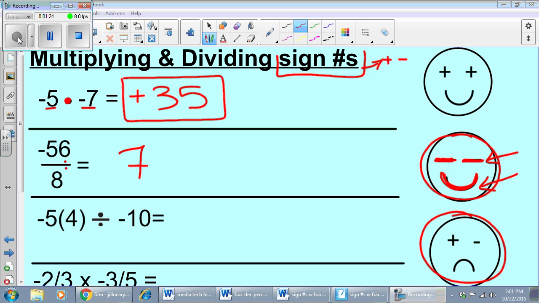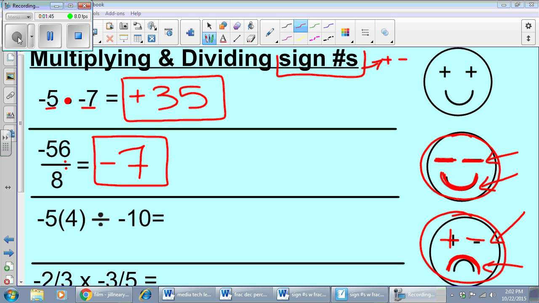When you multiply or divide one number that has a positive sign and one number that has a negative sign, the sign in your final answer is going to be negative. You could remember this rule by thinking when you are tired, one eye open and one eye closed, you are cranky. So the sign in the final answer will be negative, therefore giving us -7.